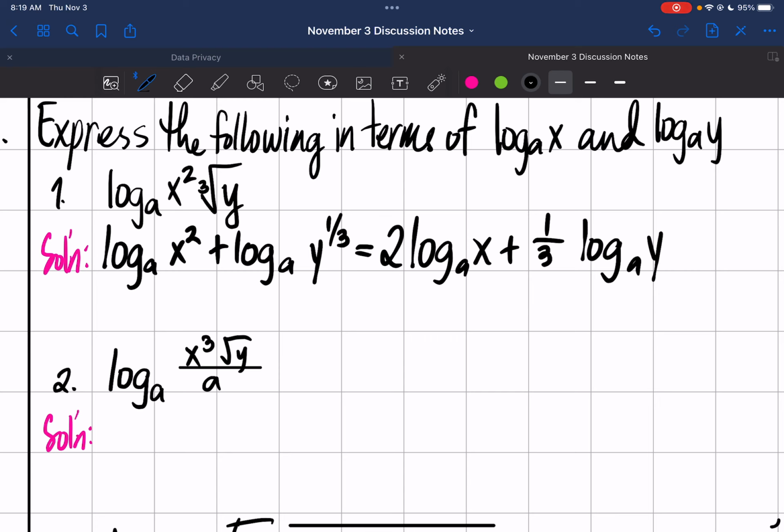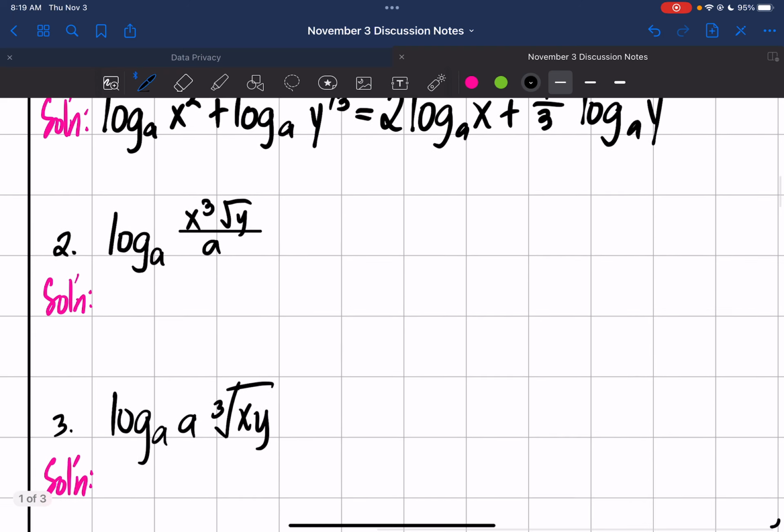I hope this example is clear. So, let's proceed to the second. So, we have here the log of x cubed square root of y all over a base a. So, the first thing to address here, class, is that we have a quotient of two expressions.